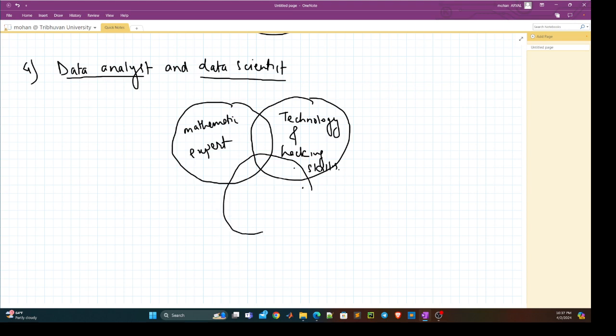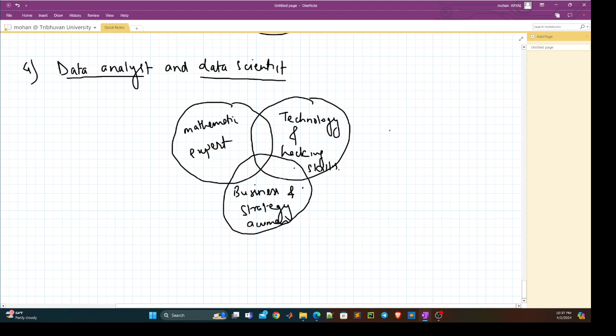And the third one is going to be business and strategy acumen skills, right?